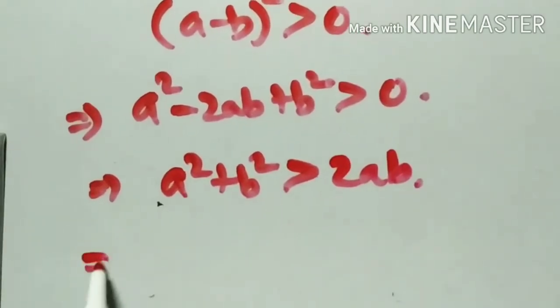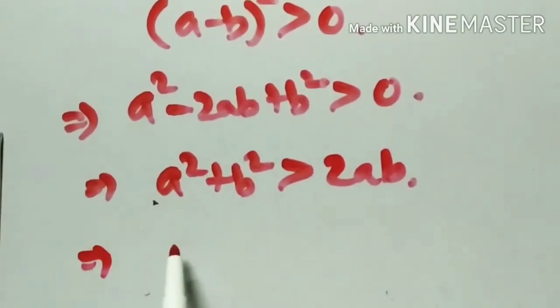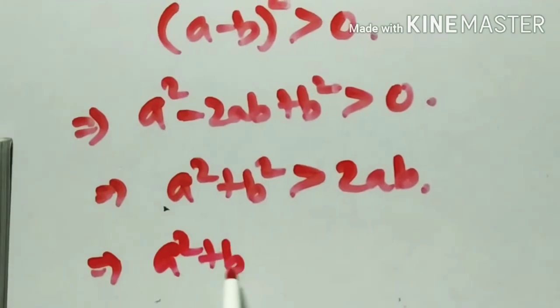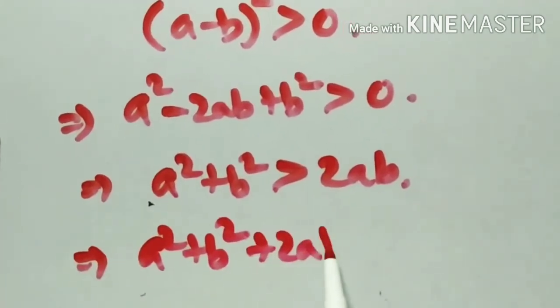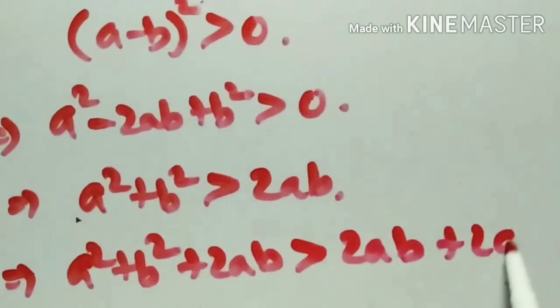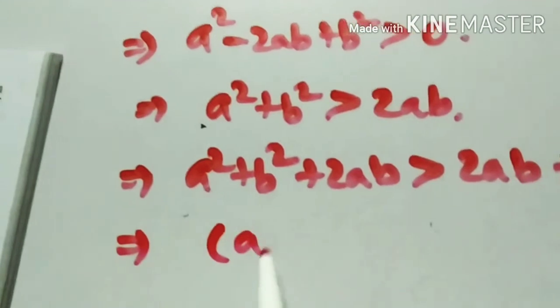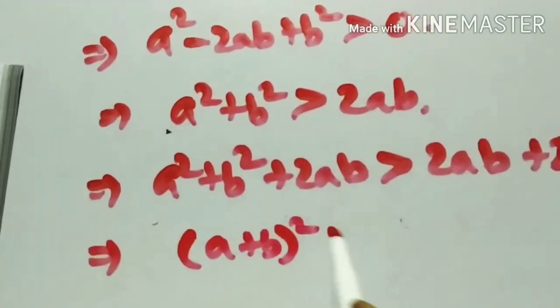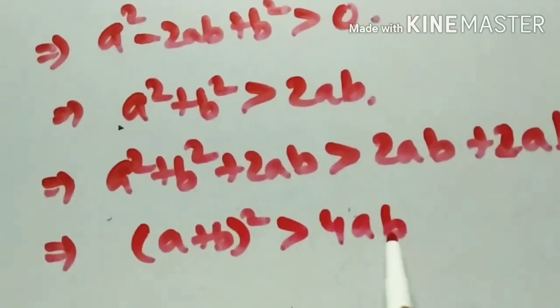Now again I am going to add 2ab both sides. A square plus b square plus 2ab greater than 2ab plus 2ab. So this becomes a plus b the whole square greater than 4ab.